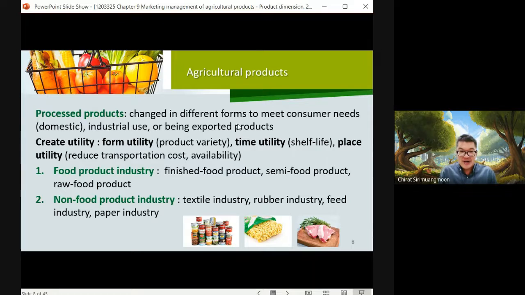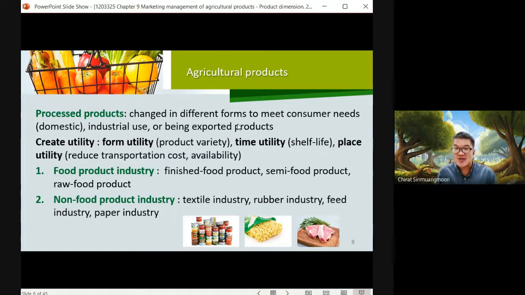So when we think about processed product, it can be classified like food and non-food. So for food product industry, we have finished products like canned fish, or sometimes we have semi-processed food products. It's like you have smoked fish and then you change a little bit and then you need to use it for the other process.